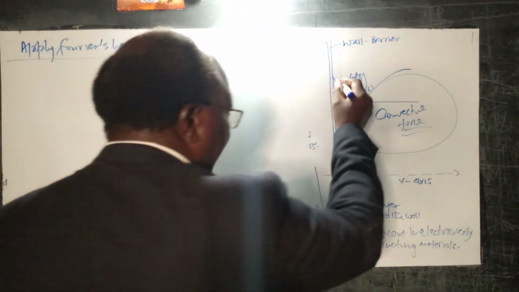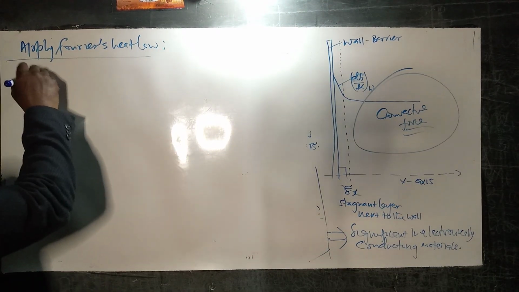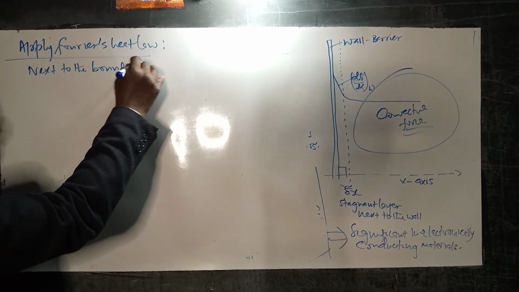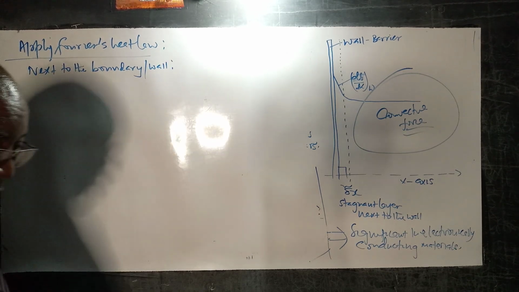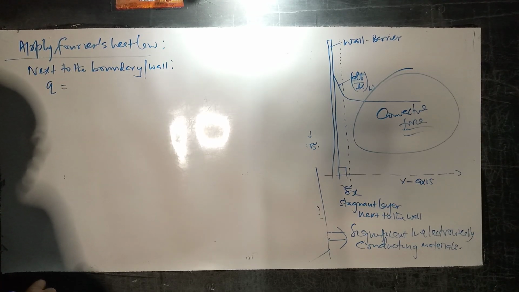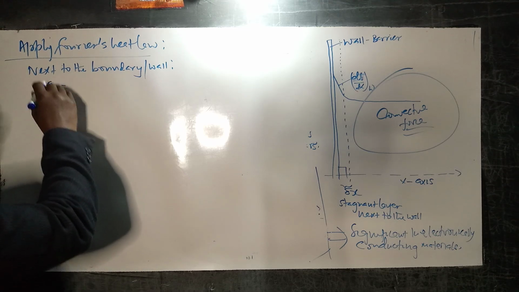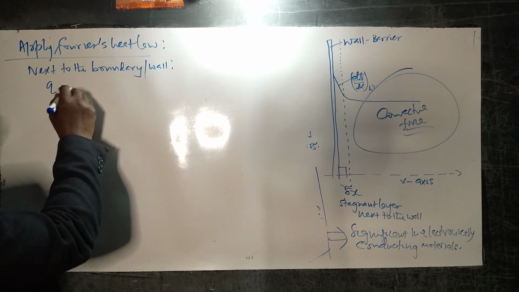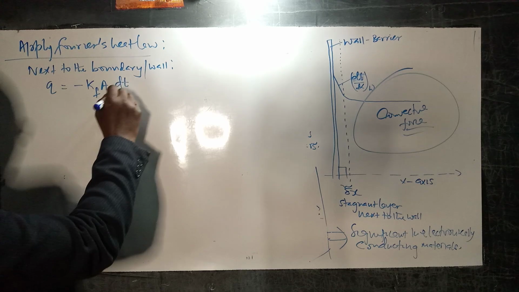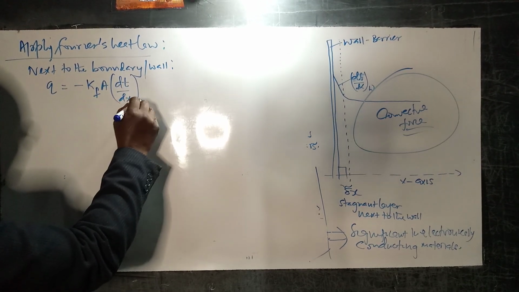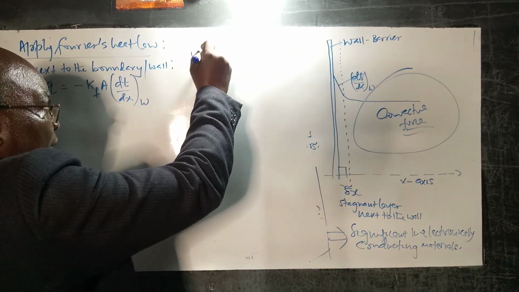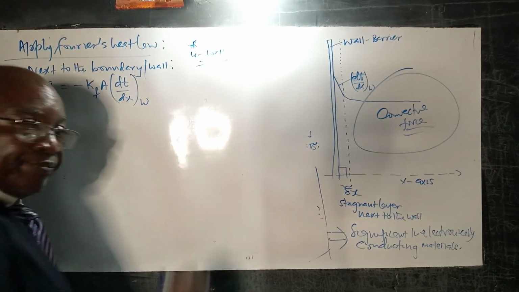Now, in this section here, next to the wall, next to the boundary or wall, we are going to have the heat transfer in terms of Fourier's heat expression as minus, let's call it Kf, let's have A there, and of course we have dT over dx, and we have marked that as next to the boundary where our W stands for wall. Always remember that.